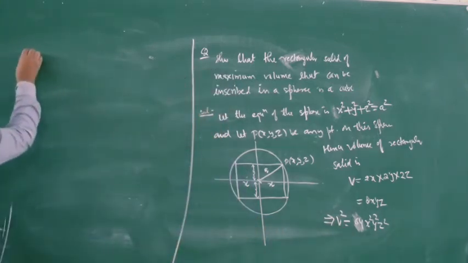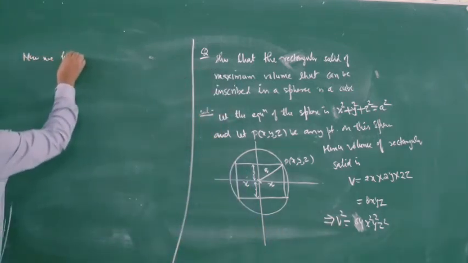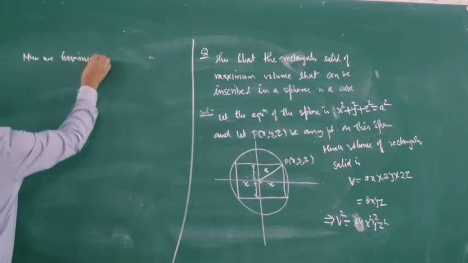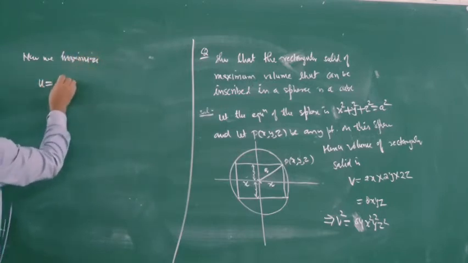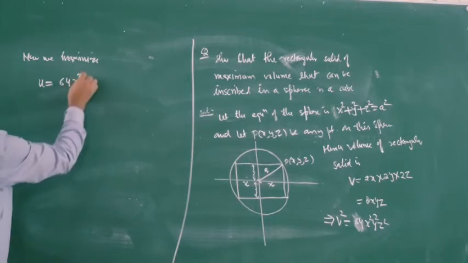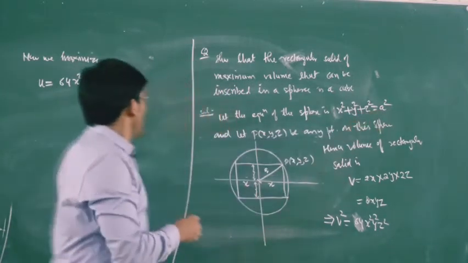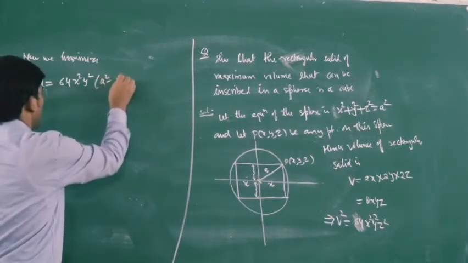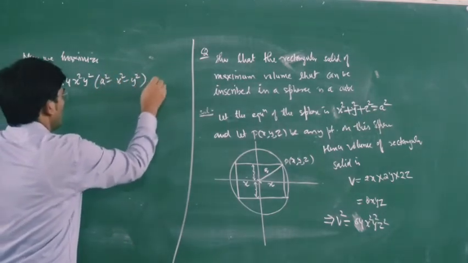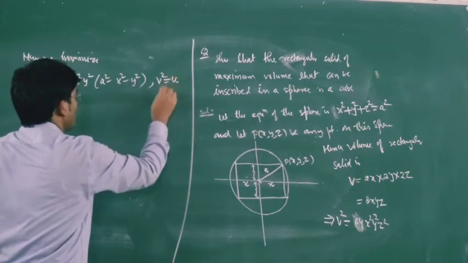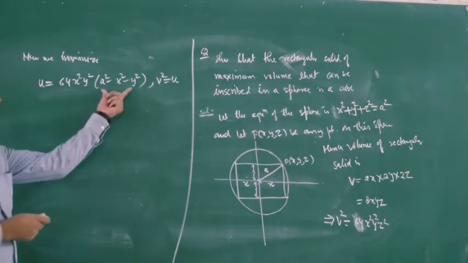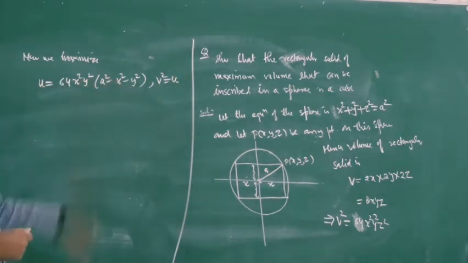Now we maximize our u, which is V square, equal to 64 x square y square, and then the value of z square will be a square minus x square minus y square.